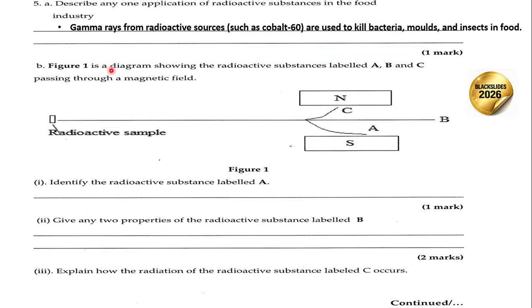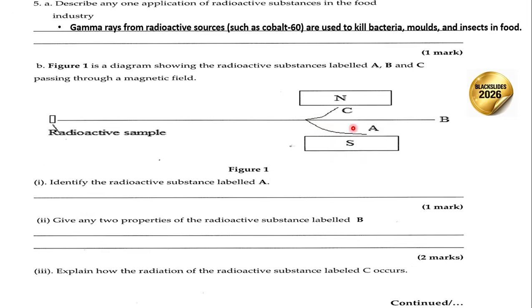Figure 1 is a diagram showing the radioactive substances labeled A, B, and C passing through a magnetic field. So we have a source of radiation, and we have two magnets that are placed side by side. Remember that between the magnets there's a magnetic field.